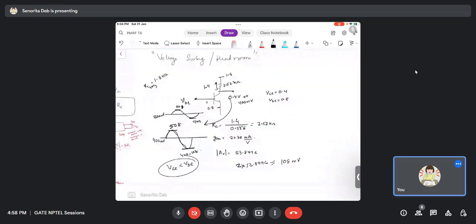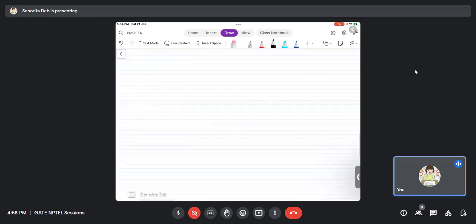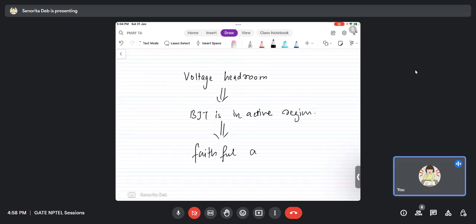You need to maintain the proper voltage headroom so that your BJT is in the active region and proper, faithful amplification is there. This is the importance of voltage headroom and of finding the VCE.